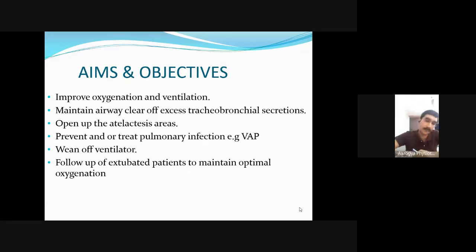This is very common. The incidence rate goes from 10 to almost 65%. Out of 10 patients, almost 6 are likely to go into ventilator associated pneumonia if they are on prolonged ventilation and are not treated in terms of their bronchial hygiene. So as a physical therapist, it's your responsibility to check, to prevent and treat ventilator associated pneumonia and other complications of the ventilator like acute lung injury and ARDS.